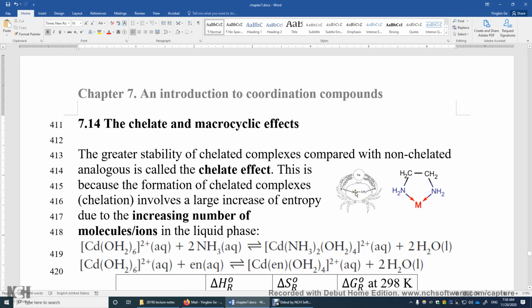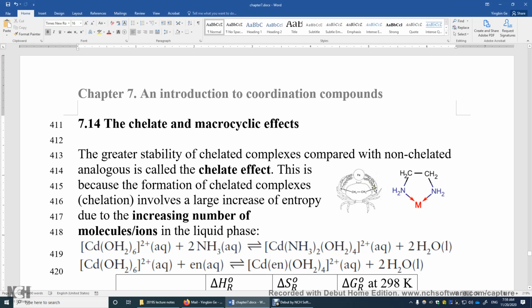Same here. Now imagine this crab is your EDTA, and this crab has, you have to imagine, 4 claws here. 1, 2, 3, 4 acetato ligands. Once one of them is bonded to this transition metal center, the other 3 will be really close to this ion and can form the bonds quickly and easily.